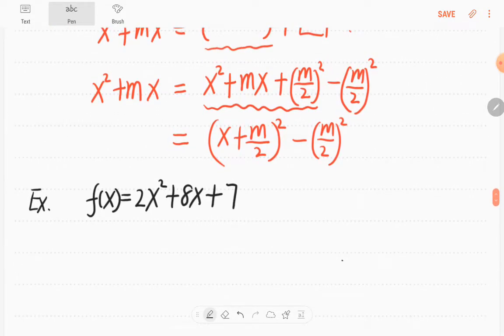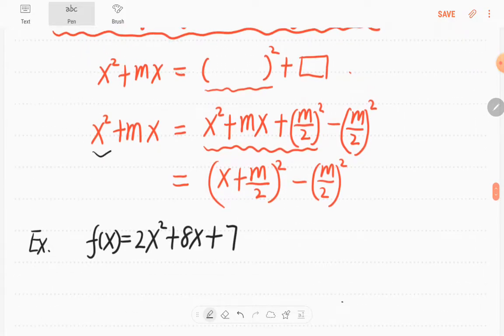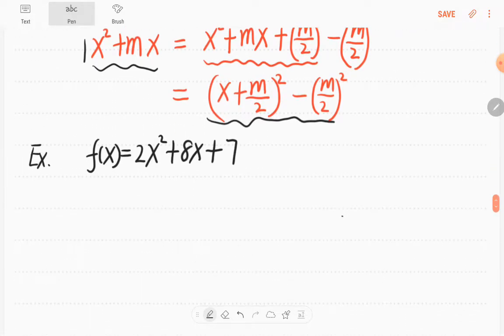This is a quadratic function, but it's not in standard form. So the idea is we use this technique. However, here the coefficient is 1, but here it is 2. So what should we do? We just take 2 out for the first two terms. So you will have 2(x squared plus 4x), then plus 7.